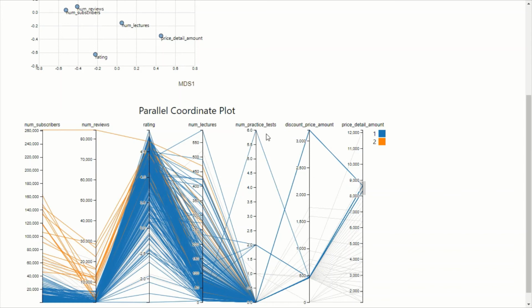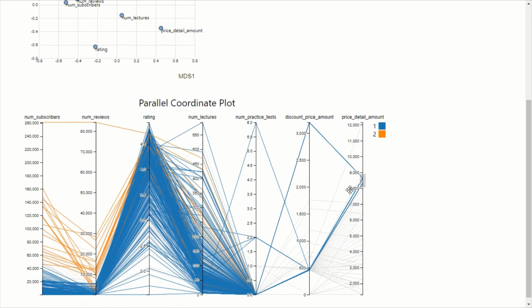There is a very small number of practice tests offered overall, and discount price amount is also low and offered to a minimum number of courses.